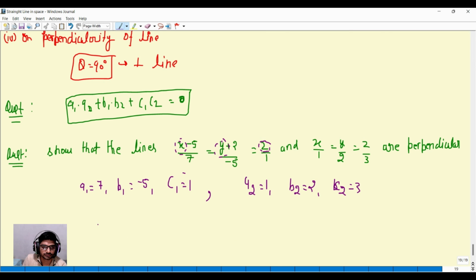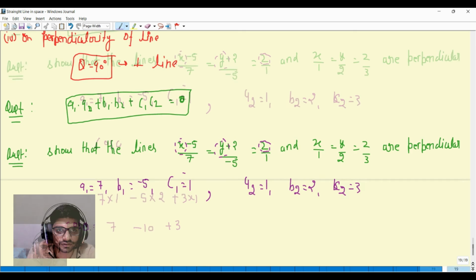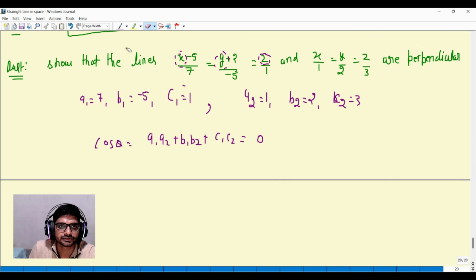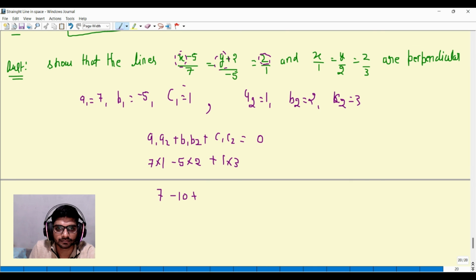Then putting these values, a1 a2 plus b1 b2 plus c1 c2 equals 0 gives the perpendicularity concept. If it equals 0, then the given lines are perpendicular. So 7 into 1 minus 5 into 2 plus 1 into 3, that is 7 minus 10 plus 3, which equals 0.